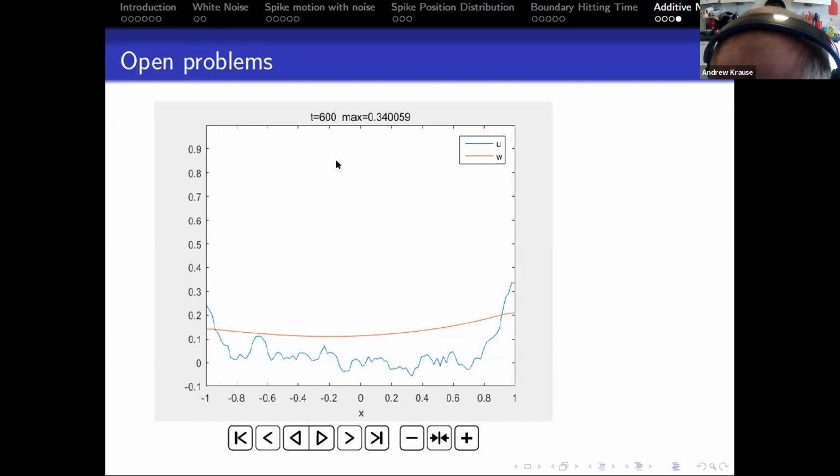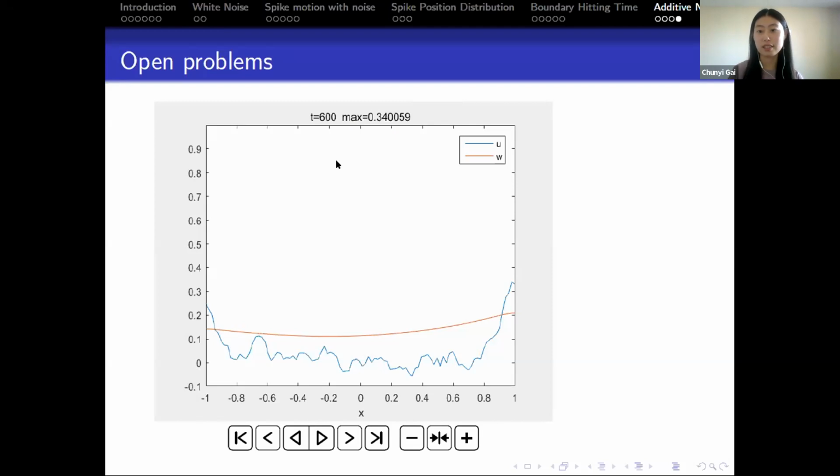And then Daniel asked, were there differences between additive noise in the activator and inhibitor? Did you look at additive noise in the inhibitor? Yes, but in that case, you still have some background noise, and you don't really see much difference for the spike motion.